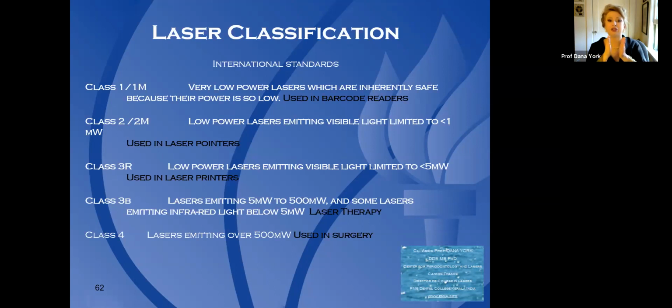We have class 2, also very low power, used for pointer pens. We have class 3R, which is used for laser printers, and we have class 3B, which is used for laser therapy, infrared light and red light. And then we have class 4, which is used for surgery, the hard laser that cuts. And then we have the industry lasers that come from class 4 as well, and all kinds of others.